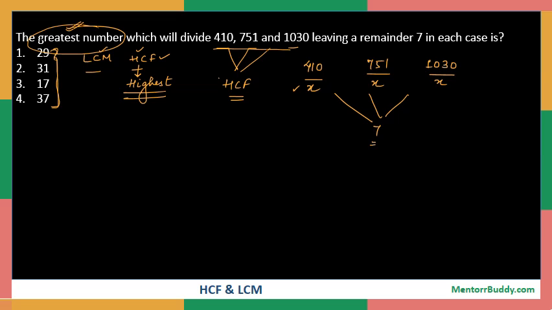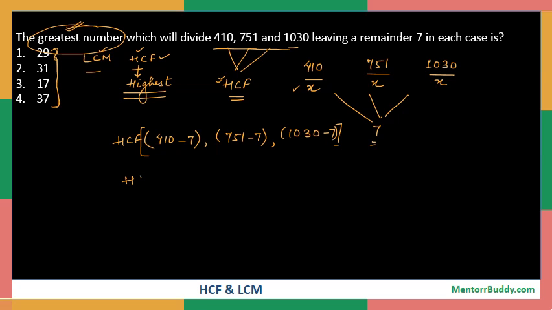So before we go for the HCF process, we need to figure out that the HCF should be calculated for three numbers, and that is 410 minus 7, because we must remove the remainder part from it so as to make it completely divisible by x, 751 minus 7 and 1030 minus 7.